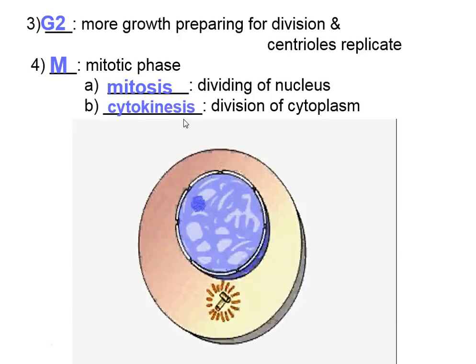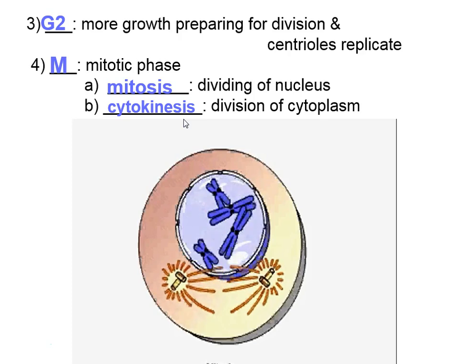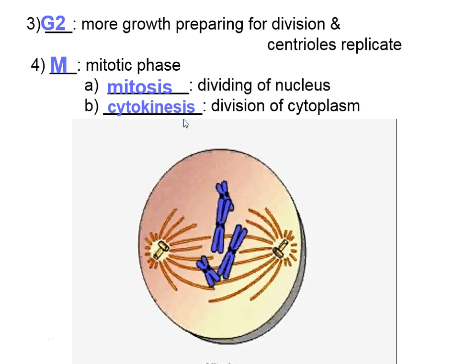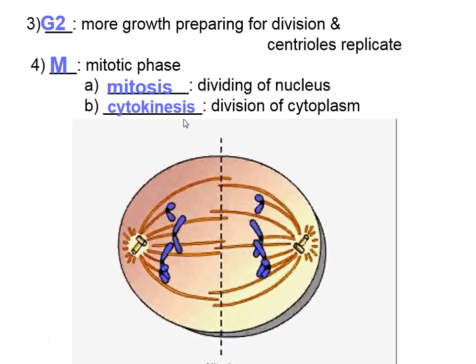Cell division consists of two processes, mitosis and cytokinesis. Mitosis, division of the nucleus and its chromosomes, is divided into 5 phases: prophase, prometaphase, metaphase, anaphase, and telophase.